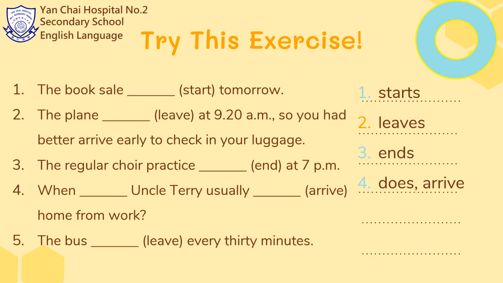We choose one from it instead of using is, am, are, because we already have the main verb arrive. And here we use does because of the subject, Uncle Terry. And for the second blank, we simply use arrive.